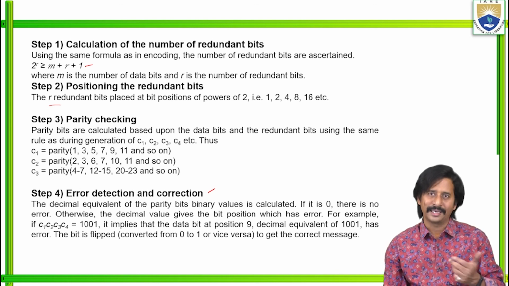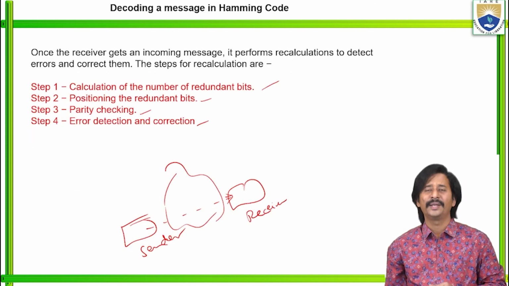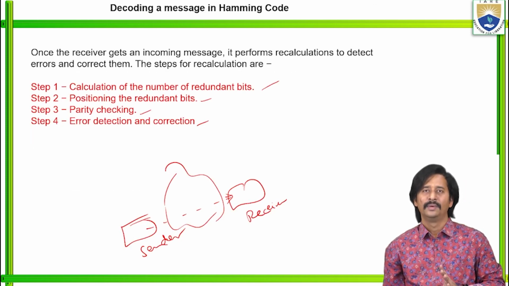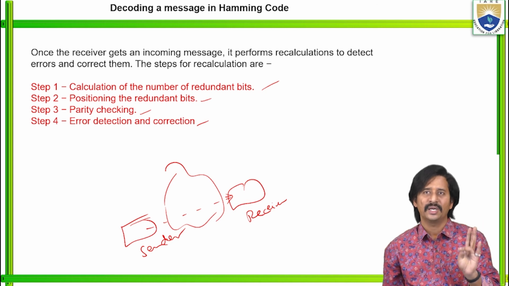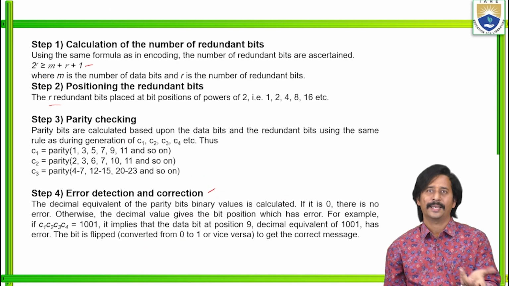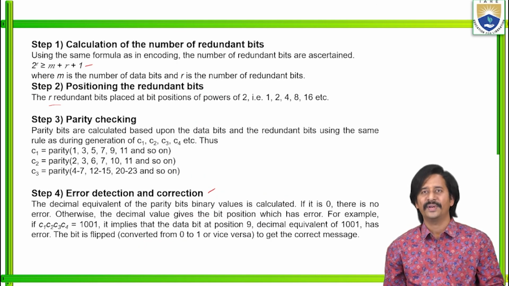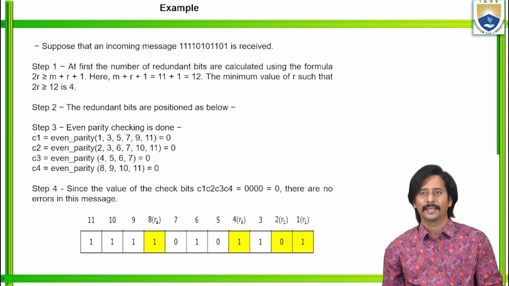That specifies the error detection as well as the correction. So, this is the decoding a message in Hamming code, which consists of 4 steps. Calculation of number of redundant bits, positioning of the redundant bits, parity checking, error detection and correction. Right. So this specifies the error detection and correction.